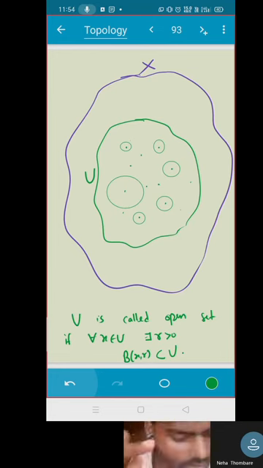Is that clear? Yes or not? Yes, sir. So this is the definition of how we call U an open set. This is the definition of open set. Good.